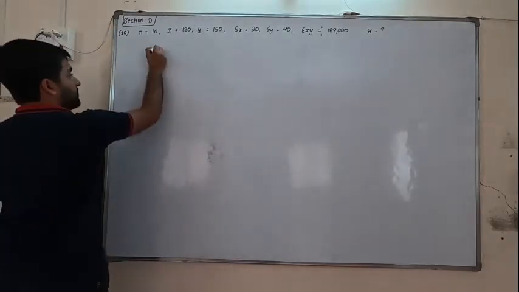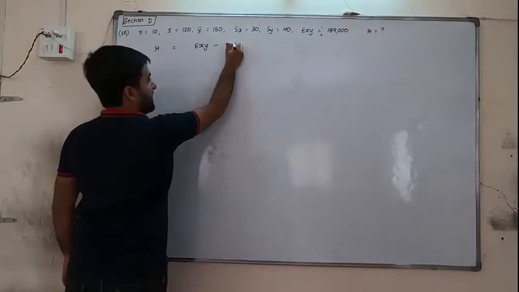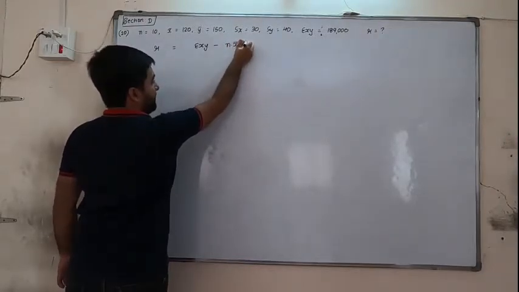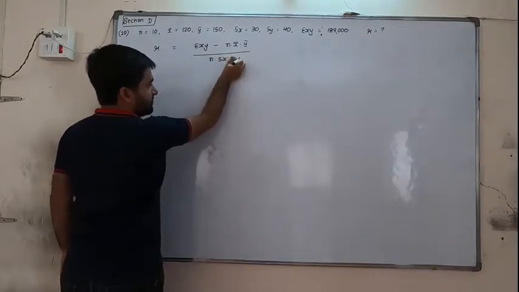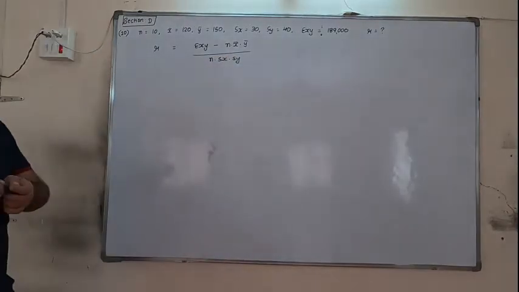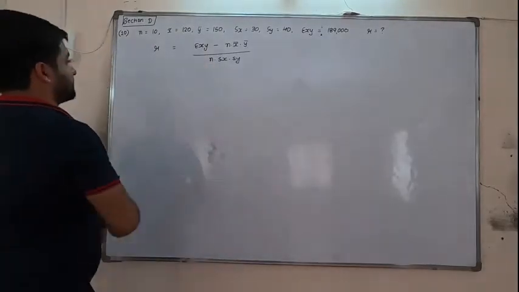So the formula for it will be r equals sigma xy minus n into x bar into y bar, upon n into sx into sy. As I have said, if there is no covariance in the numerator, n will come in the denominator.